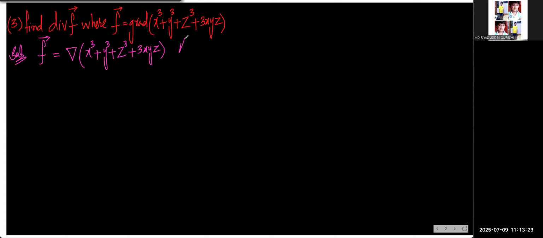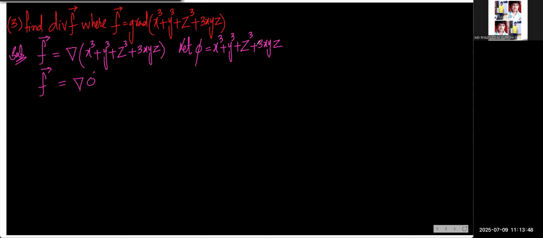Let us assume that our phi value is equal to x cube plus y cube plus z cube plus 3xyz. So this automatically becomes del phi here, correct?